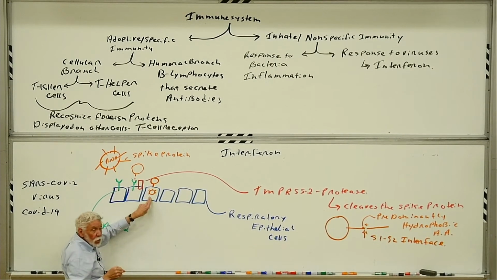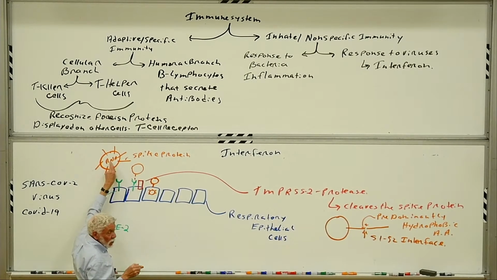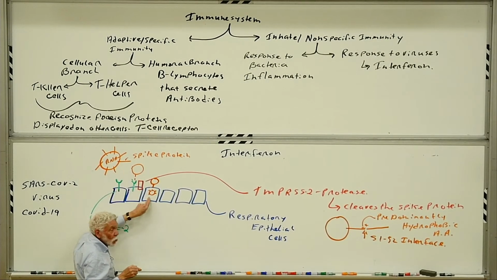The virus uncoats, and the RNA, which is the genetic material of this virus, takes over and begins to make viral proteins.